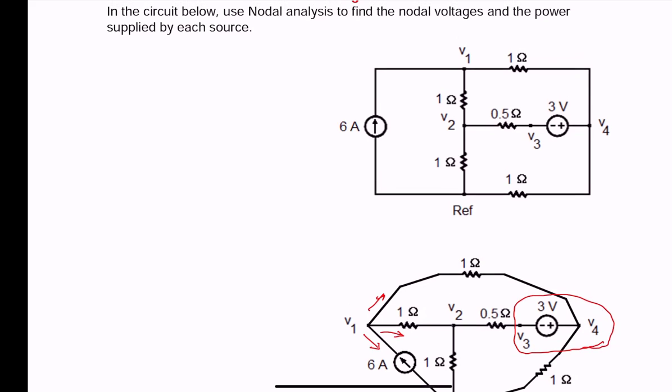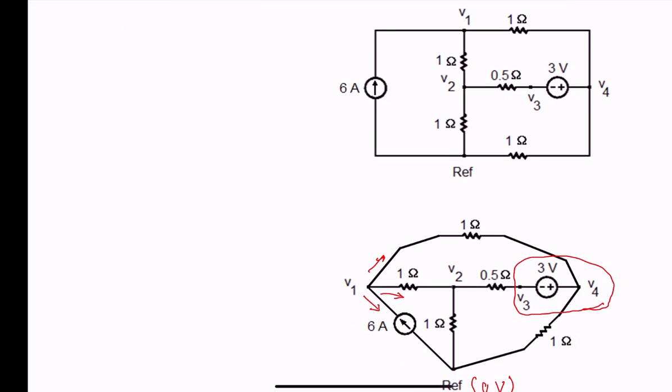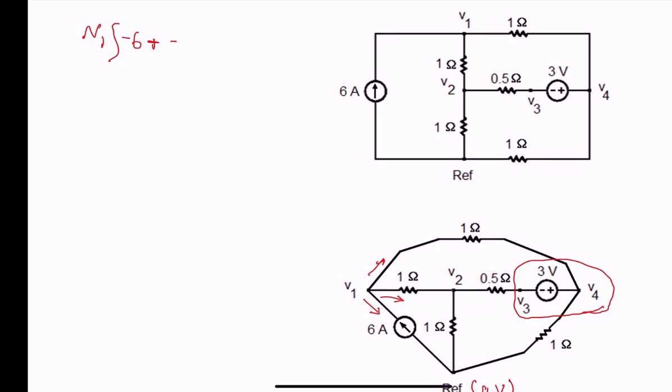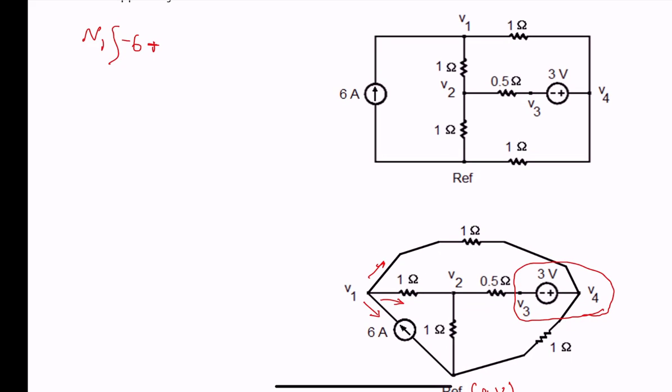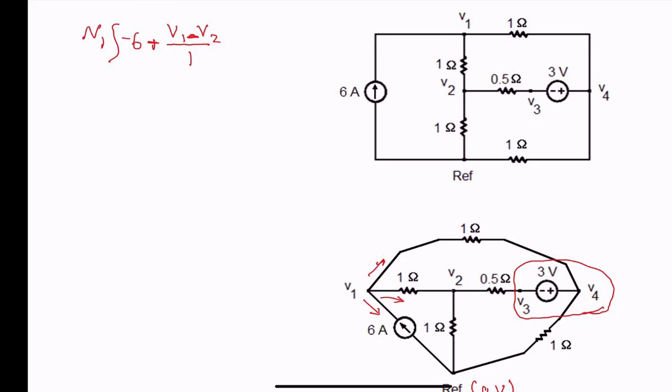So for node 1, we have -6 plus current going from node 1 to node 2, positive on node 1, negative on node 2, the voltage that we need is V1 minus V2 over 1.